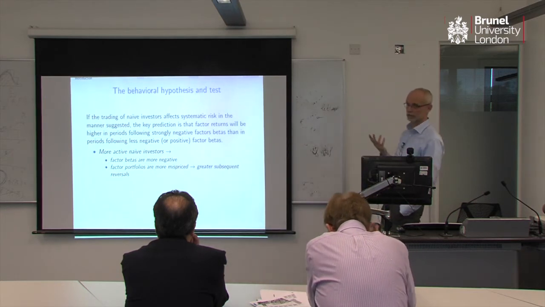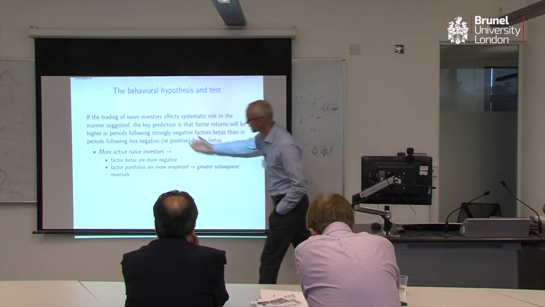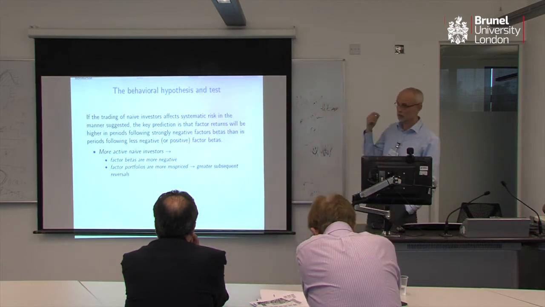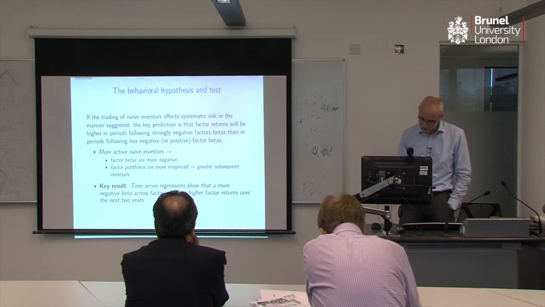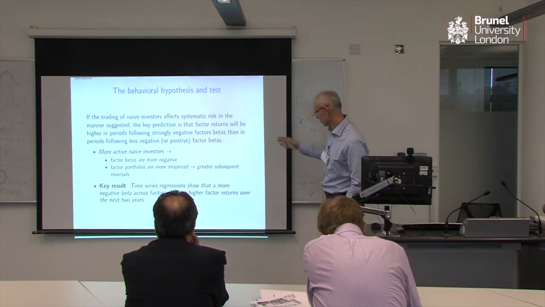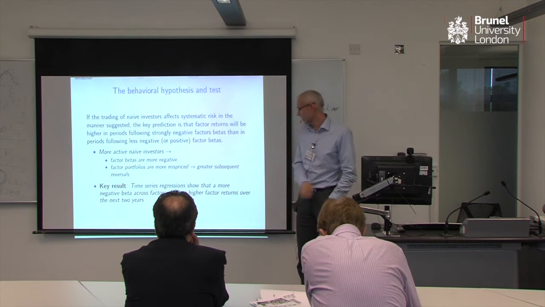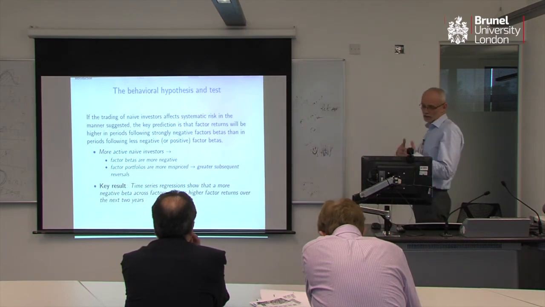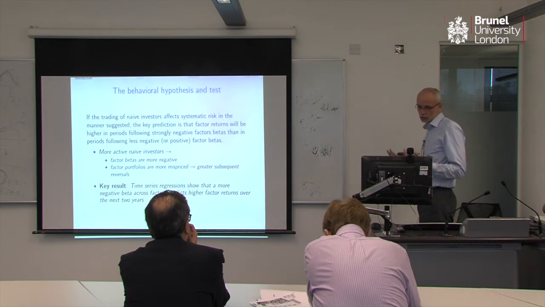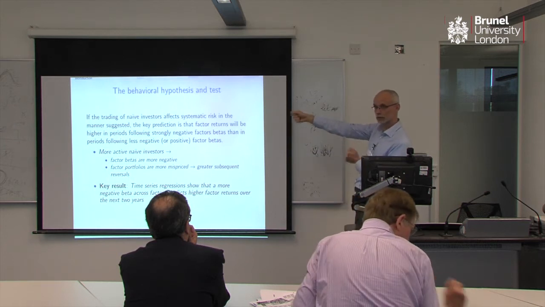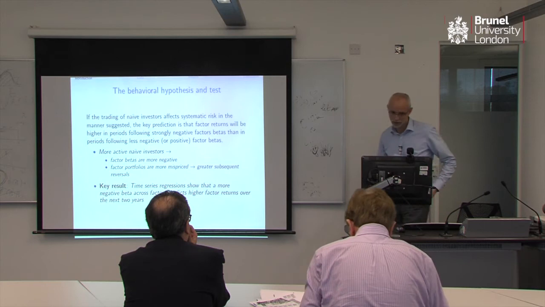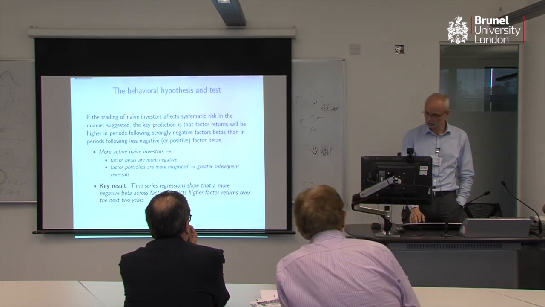At the same time, with more naive investors, factor portfolios will also be more mispriced, and so the growth stocks will be more mispriced, so there will be greater subsequent reversals. And again, I've already alluded to it, this is the key result that we have. We show in time series regressions that the more negative the factor beta is, the higher the subsequent returns to the factors. And that's going to hold over the next 2 years or so.